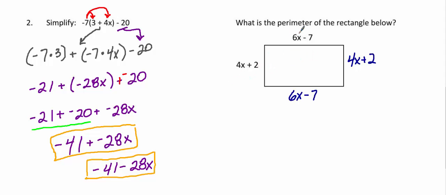All right, so we're going to do the ones that we can put together. We can put the x's together. So I'm going to underline all those x's. I've got 4 x's, 6 more x's, 4 more x's, 6 more x's, 4 and 6 makes 10, 14, 20 x's.